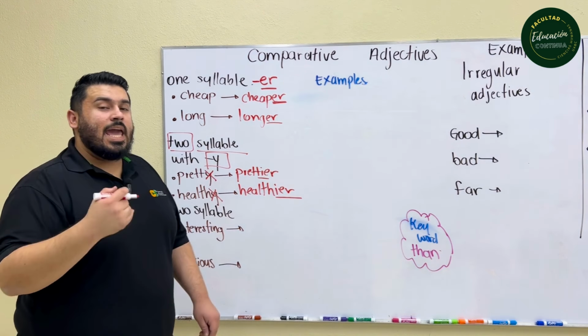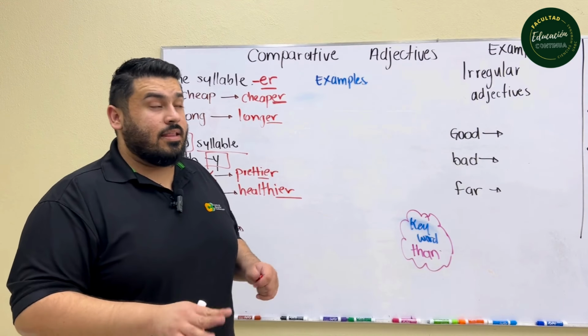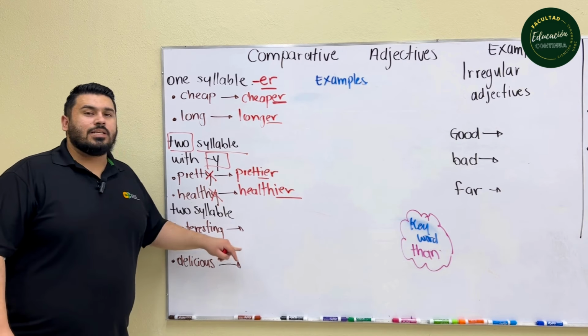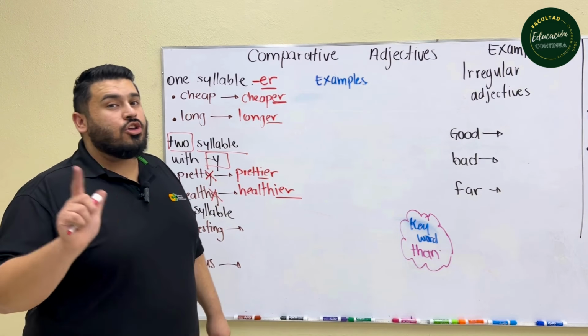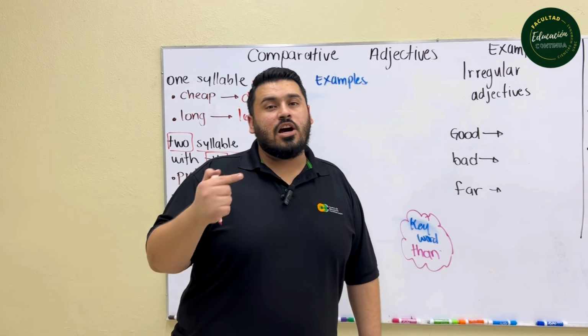So those are the rules that we have for one syllable or two syllables with Y. But there are other exceptions. There is another type of adjectives: those that have two vowel sounds or two syllables or more. For example, interesting. In this section, you don't have to write down ER. You have to write the word more at the beginning.